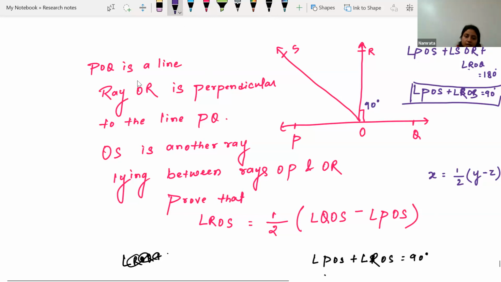We can also write angle, here we are having SOQ. Angle SOQ from the total angle, if we will subtract angle ROS, we will get 90 degree. This two condition we can write. The first condition is clear, Arya, and to you also, Abdul.